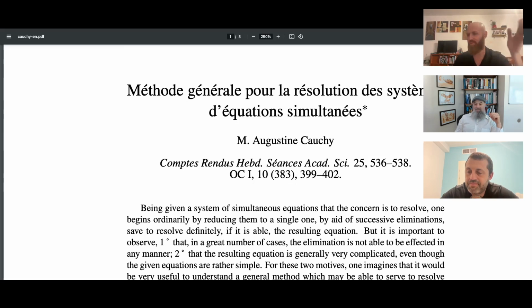Every course you do in undergrad, Cauchy is there and made crazy contributions. 100%. He was a prolific writer. There are more than 800 research papers published. 800? Exactly.